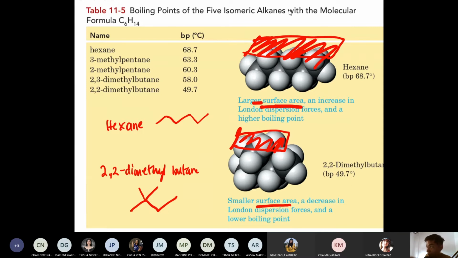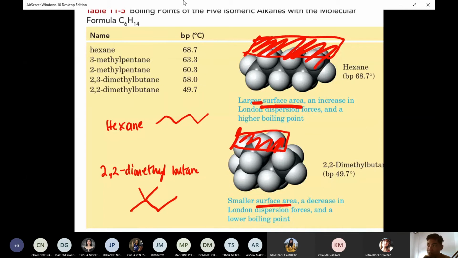Ito mahaba yung pwede kabitan, no? Maraming pwede kumabit sa kanya. However, kapag mababa yung kanyang surface area, onti lang yung pwedeng kabitan sa kanya. Onti lang yung space na pwede. So that will result to a decrease in the London dispersion forces. So as the London dispersion forces decrease, your boiling point and the melting point decreases, no?